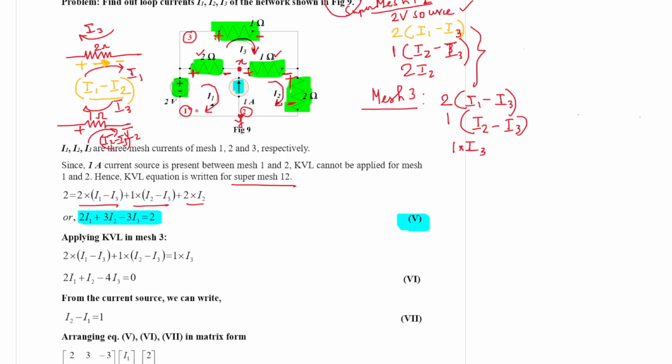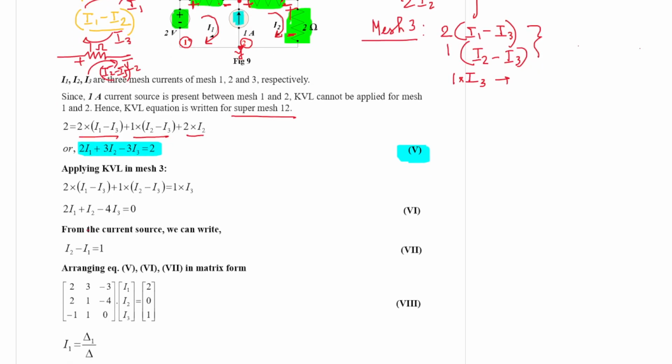The polarities of the first two are additive, while for 1 into I3 it is minus plus, so it is subtractive. So the correct equation will be 2 into (I1 minus I3) and 1 into (I2 minus I3) additive, with that 1 into I3 subtractive.